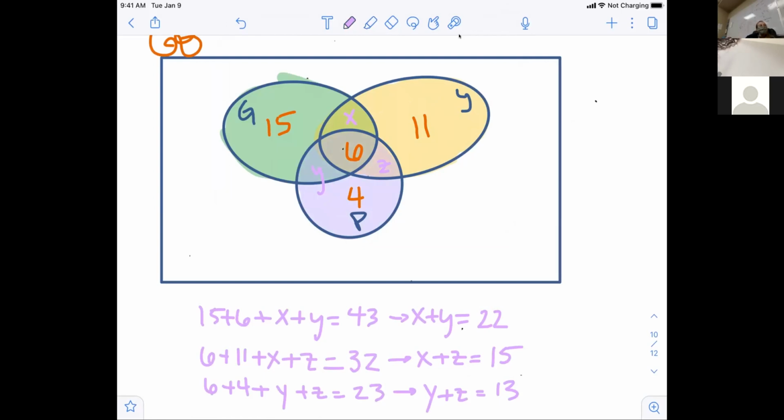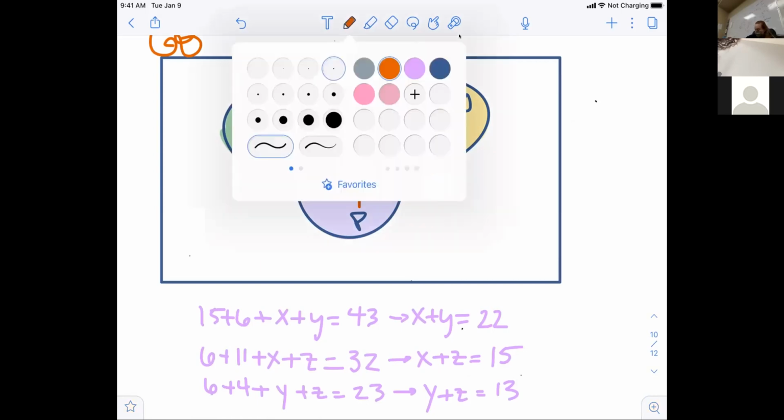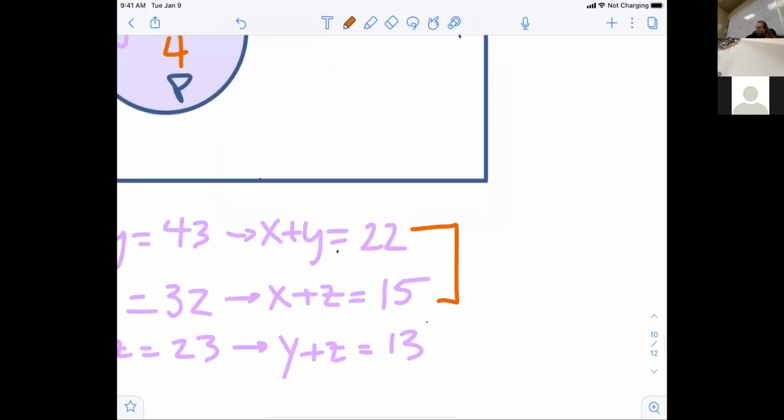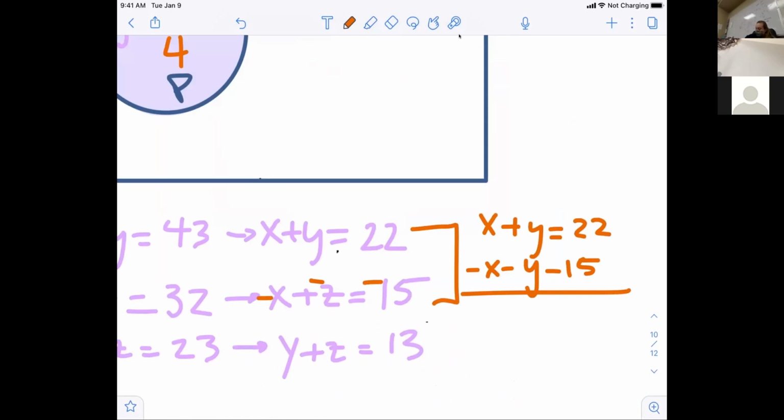All right, now we're going to combine our equations again, and we're going to solve. I'm going to combine these by making everything down here negative. So I've got x plus y equals 22, minus x minus y, minus 15. Oh, I have too many y's. That should be a z. My fault. Make sure you keep your x's, y's, and z's together.